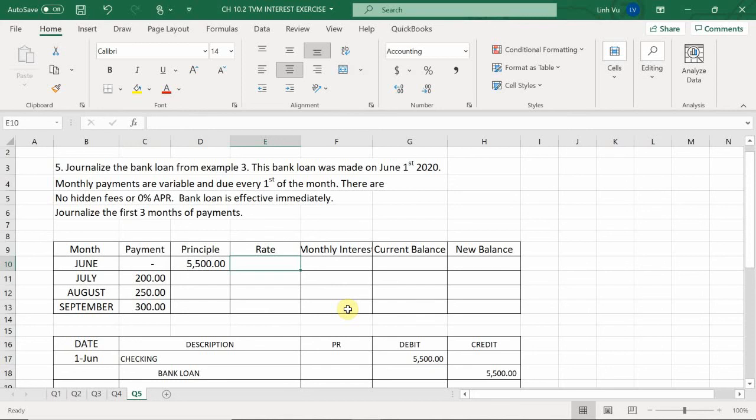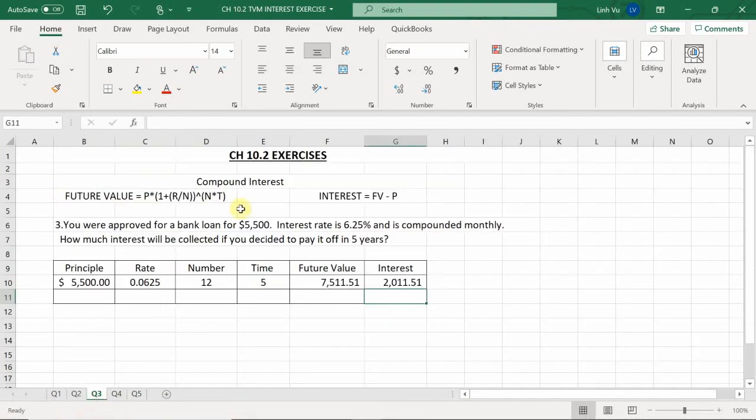But in this case, because of the way that I have set it up, I need to calculate July's amount of interest that I should be collecting. My interest rate is going to be 6.25%.